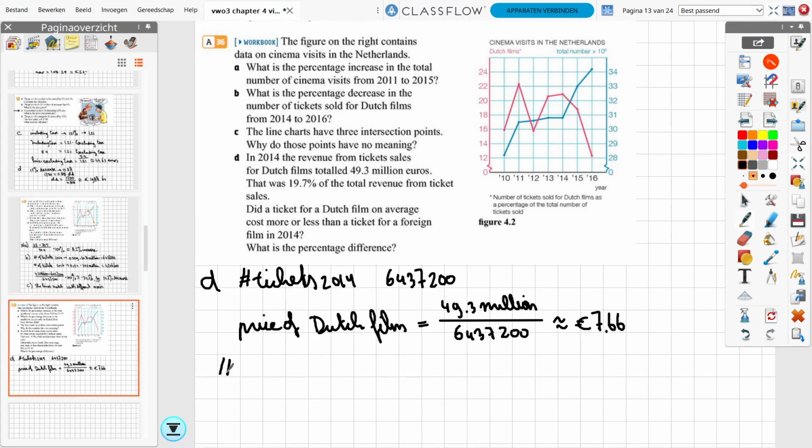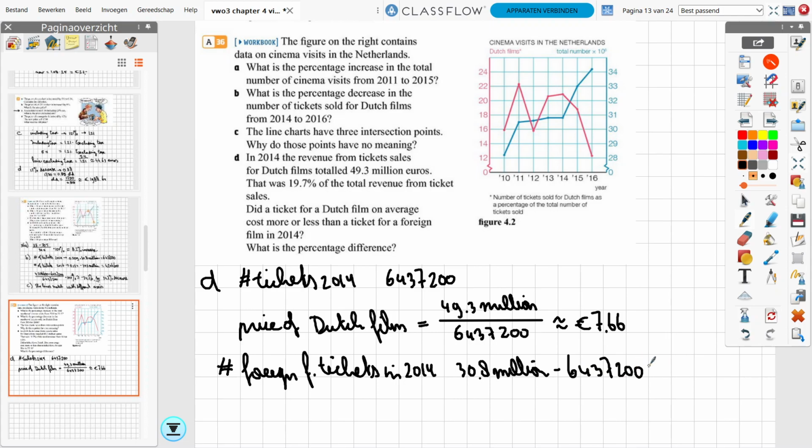So the amount of foreign (F) tickets in 2014 is going to be that 30.8 million minus how many there were that were Dutch. We'll find 24,362,800. Okay, that's the number of foreign film tickets.